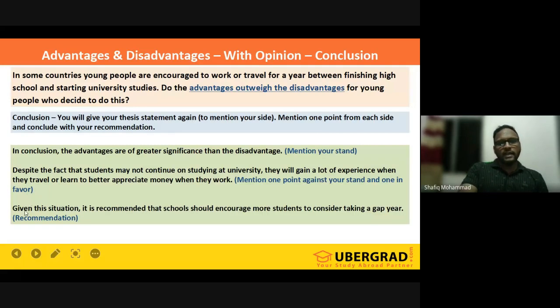And then just recommending: lastly, given this situation, I recommend, or it is recommended, that schools should encourage more and more students to consider taking a gap. So just supporting the above point, or recommending. So I always believe that a gap should be given to the students before they go into their university studies. Just ending the conclusion.